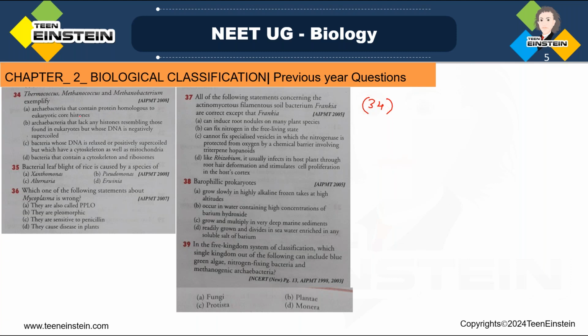So Thermococcus, Methanococcus, and Methanobacterium. In this, you have to find out the right statement. They are archaea. They belong to archaea. And their histones are shorter than eukaryotic histones.